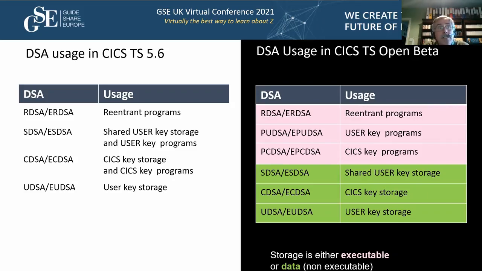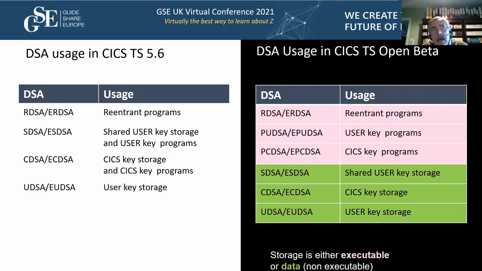So the DSAs in 5.6 were the RDSA for re-entrant programs, which could be key 0 and therefore definitely protected; the SDSA, which had shared user key storage but also user key programs; and the CDSA, which was CICS storage and CICS key programs. And these were non-re-entrant programs that you could have inside CICS. And finally, there's the UDSA, which is purely for data.